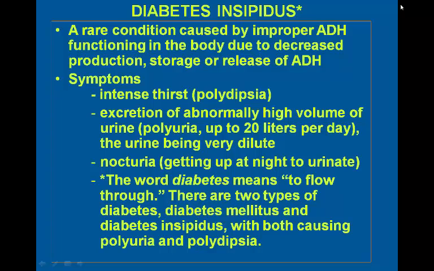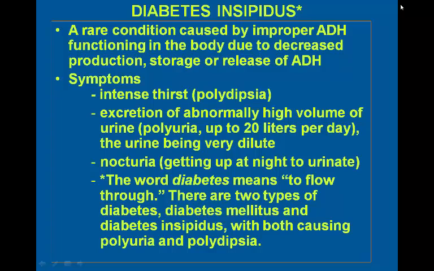So a large quantity of urine is being lost. This makes a person so thirsty all of the time. And the urine is actually very dilute. Another symptom is nocturia, which means the individual gets up at night to urinate. That disease can be treated, but it can also be fatal if untreated.